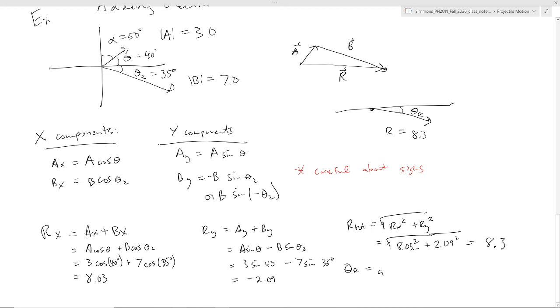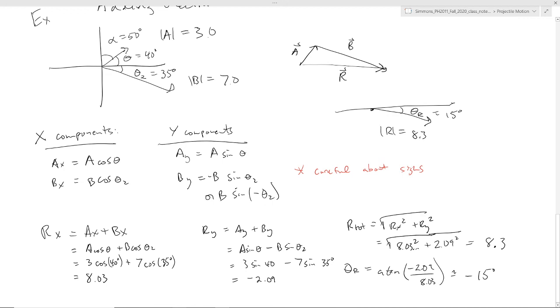So we would take the arctangent of the y piece over the x piece, and we would find that this is about negative 15 degrees. So this is 15 degrees, and R has a magnitude of 8.3.